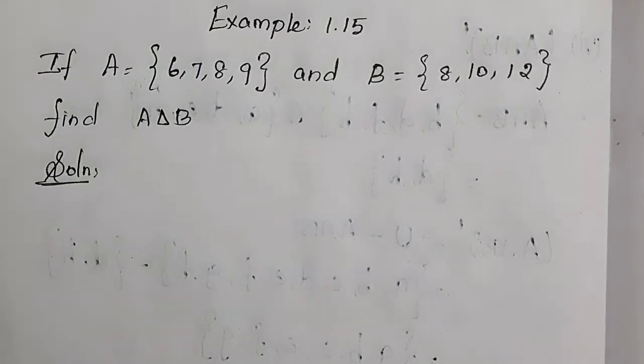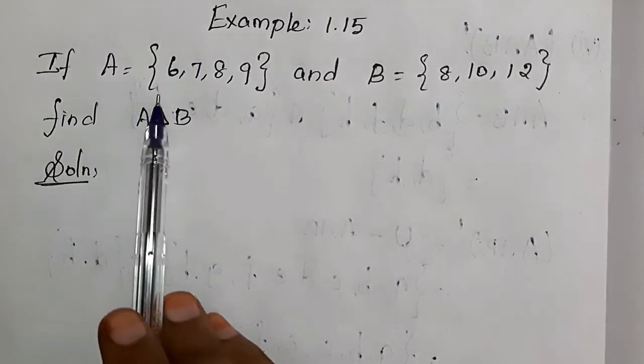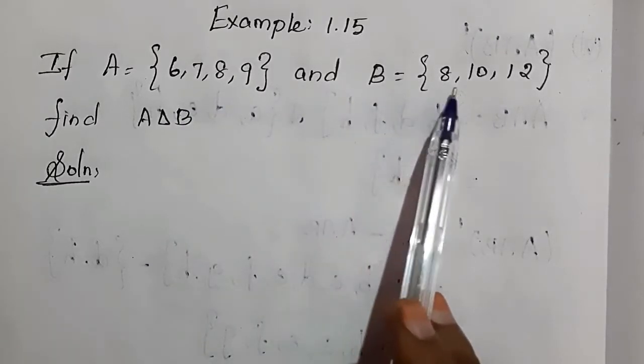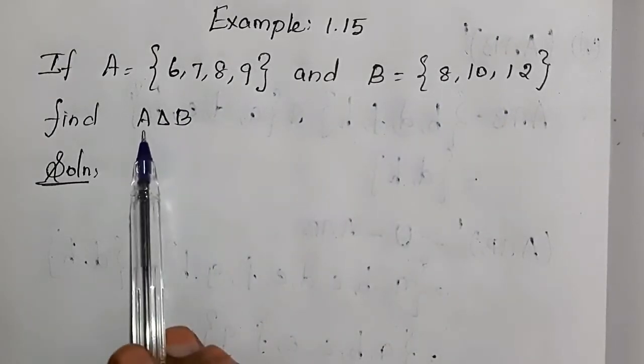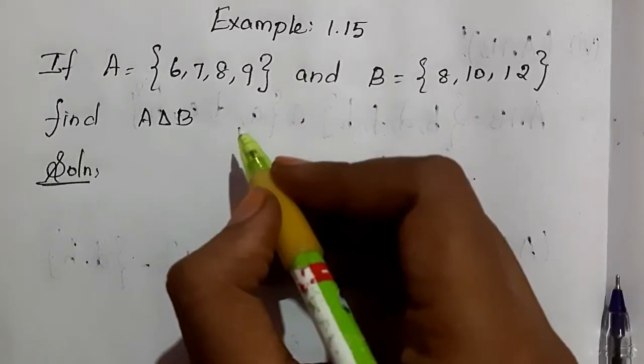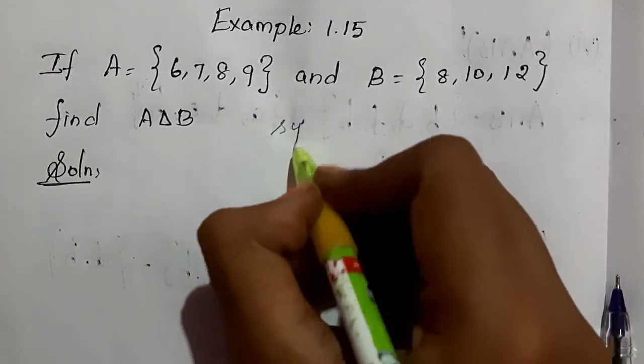Okay. Example 1.5. If A equal to set of all 6, 7, 8, 9 and B equal to set of all 8, 10, 12, you have to find out A symmetric difference B. So you have to read this as symmetric difference.